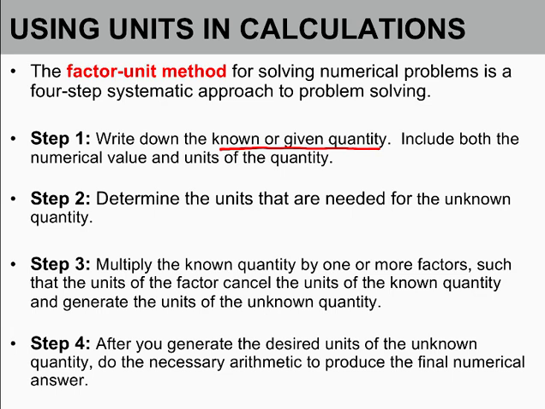And then in step 3, we're going to multiply the known quantity by one or more factors. And those factors are going to be, for instance, the example from before where 100 centimeters is equal to 1 meter. And then we want to multiply these factors in a way so that the units of the factor cancel the units of the known quantity.